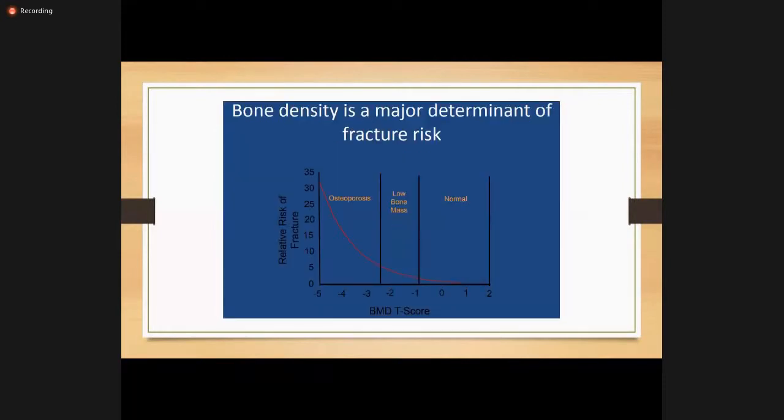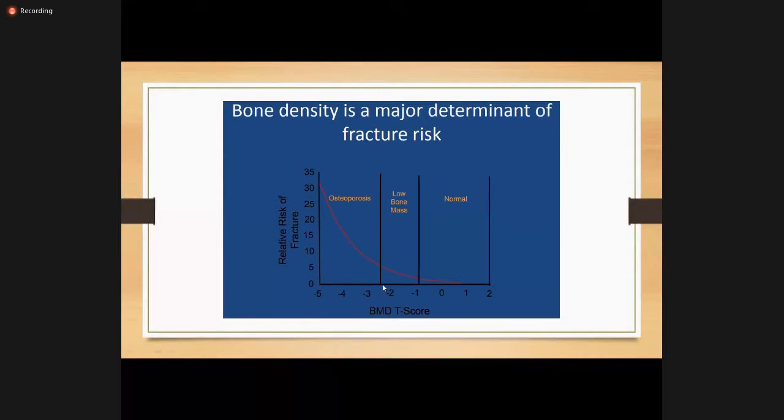Here is the bone densitometry determinants according to T-score. See, if your T-score is in the pillars, say for example from 0 to 1 or even up to minus 1, there is very minimal risk of developing fractures. But as your bone mass decreases, from low bone mass, this is the osteopenic stage, the curve is now rising.